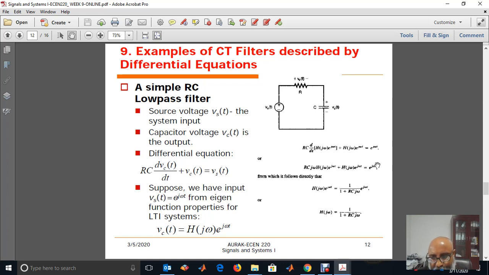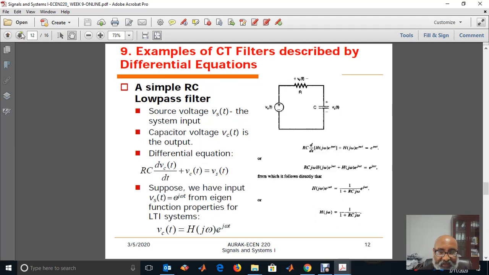The input is e to the power of j omega t, and if we rearrange this, we have H of j omega is 1 over 1 plus RC times j omega, which is a low pass filter, the frequency response of a simple RC low pass filter. In the next lecture, we will discuss this RC low pass filter more.